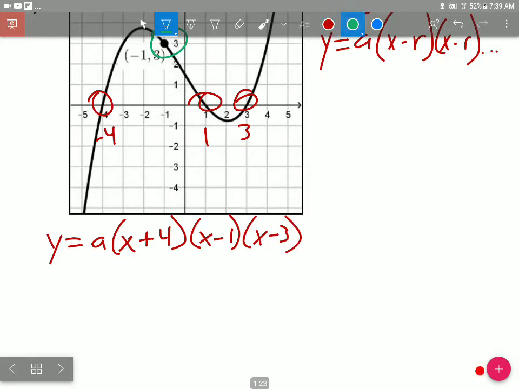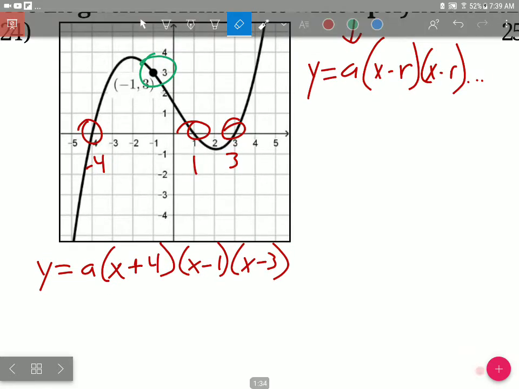Now what I need to do is find my a. To find my a, I need one random point on the graph, but not a root. So like this one right up here, -1, 3. Plug that in for x and y.